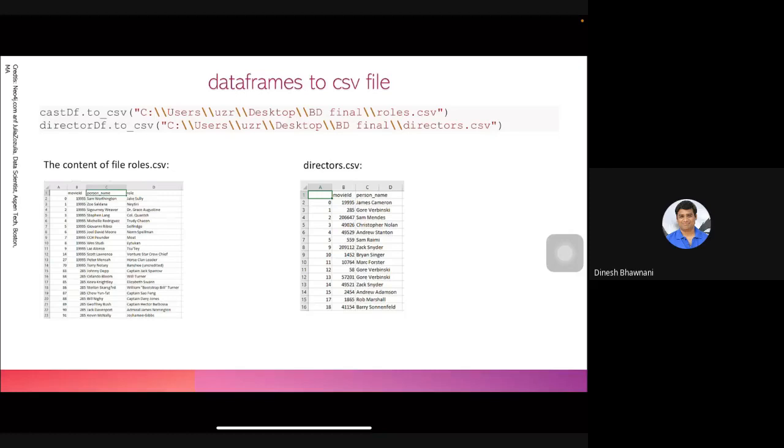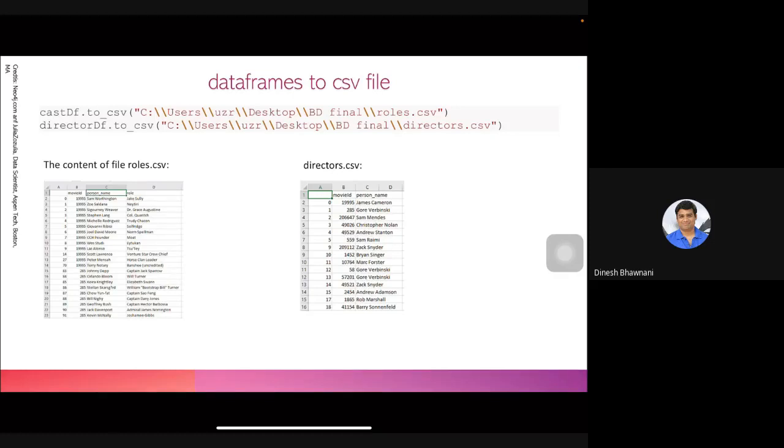So director directed movie, like that. So 339 labels created, 339 director nodes. So 3 or more movies minimum they should have directed, right? That is how we brought the number of directors down to 339, and so on and so forth.